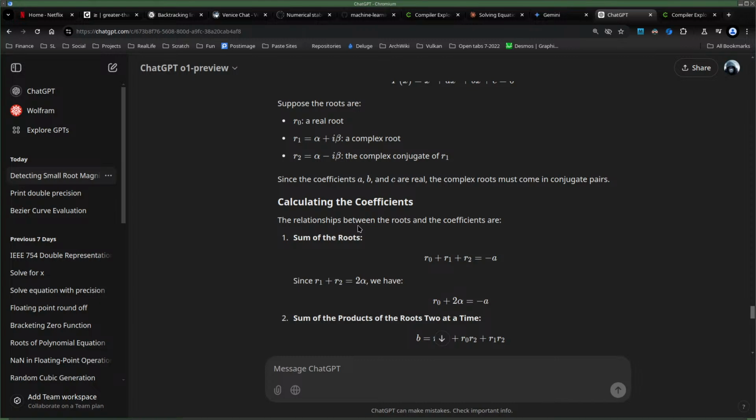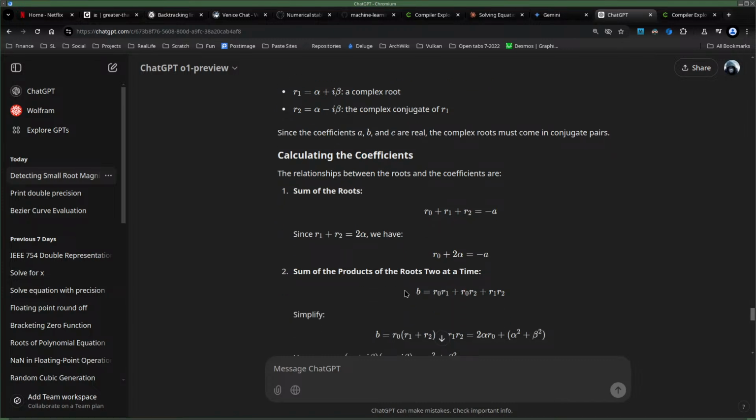The relationships between the roots and the coefficients: the sum of the roots is that. Since R1 plus R2 is 2 alpha, we can fill that in here.